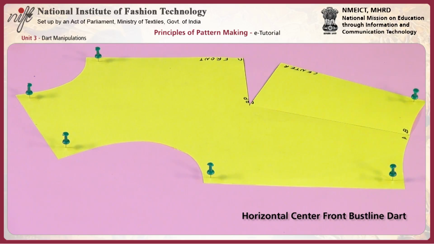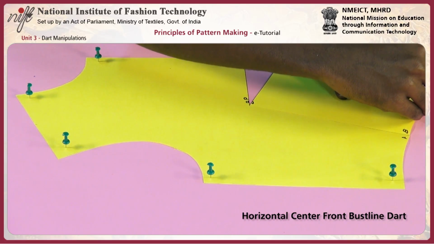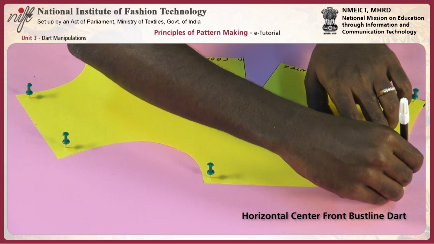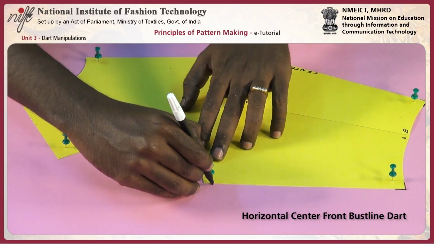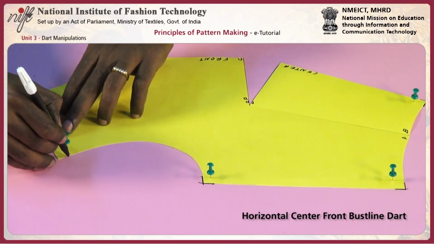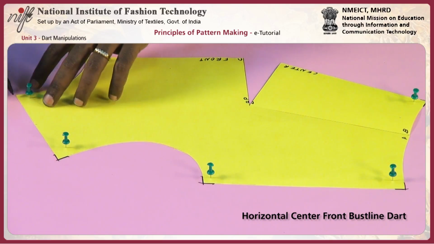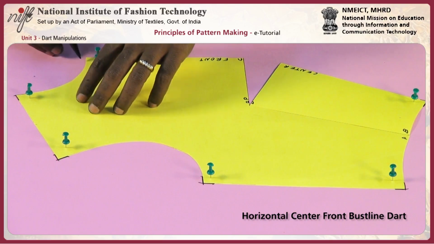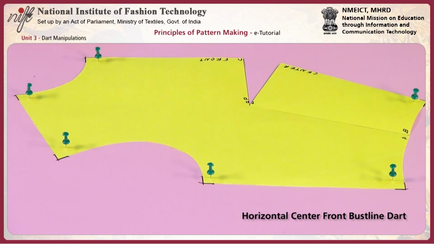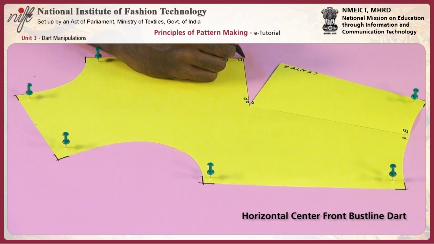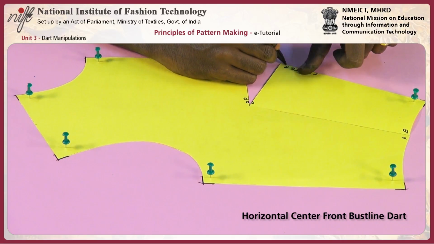Pin it to secure. Now we have to trace the pattern. Draw the corners. Then mark the dot ends.